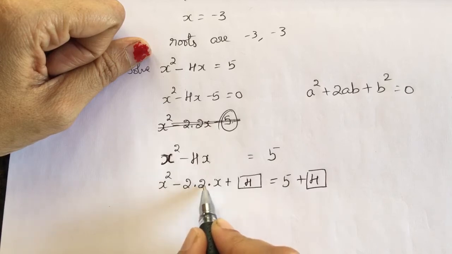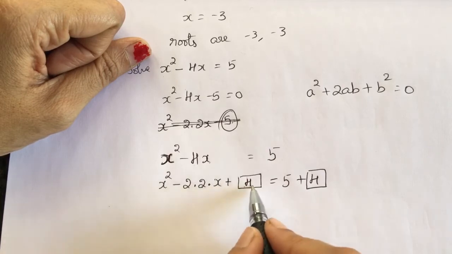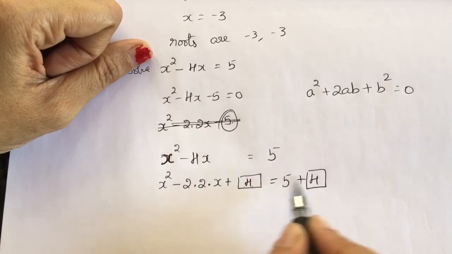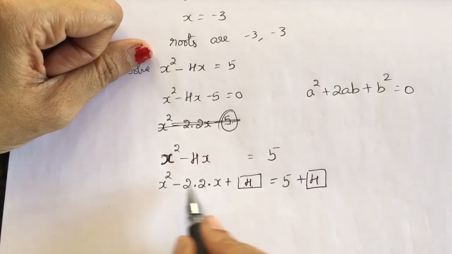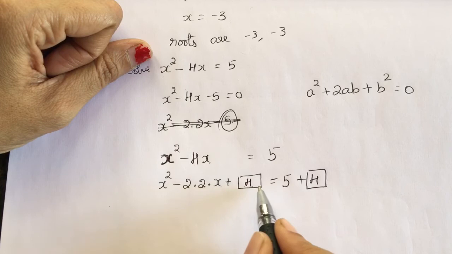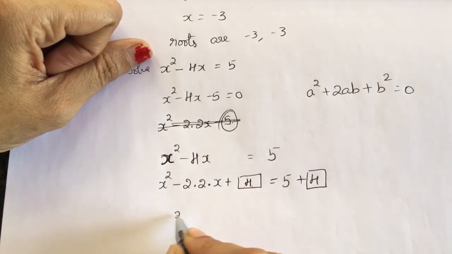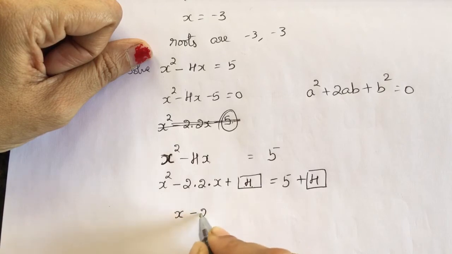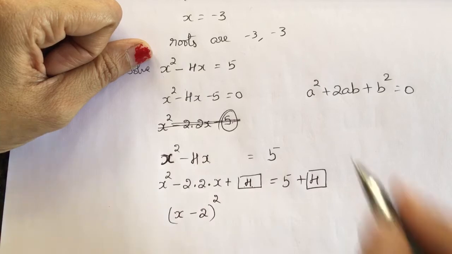I want b square over here, which is not there, so I'm adding that b square to both sides. Now this is in the form a square minus 2ab plus b square, right? That's same as writing a minus b whole square, isn't it?